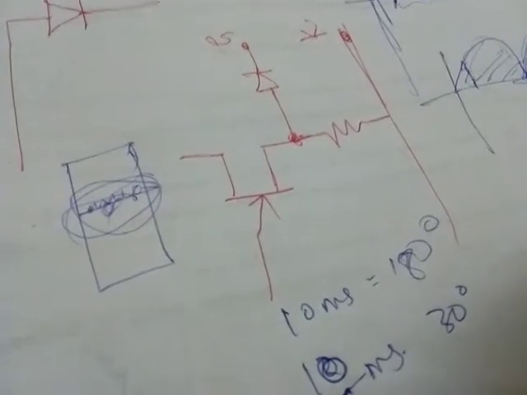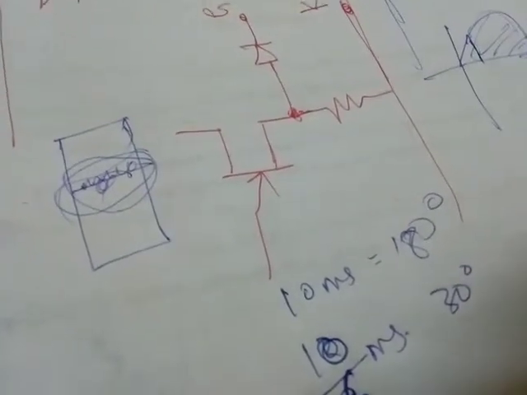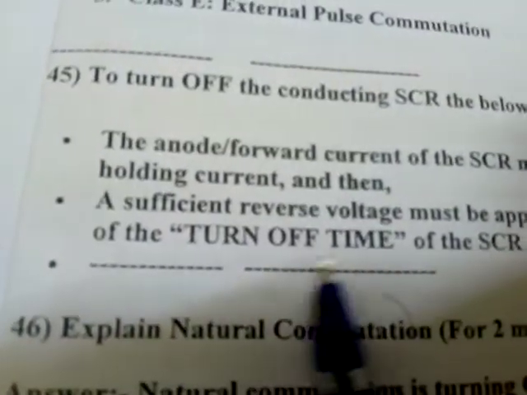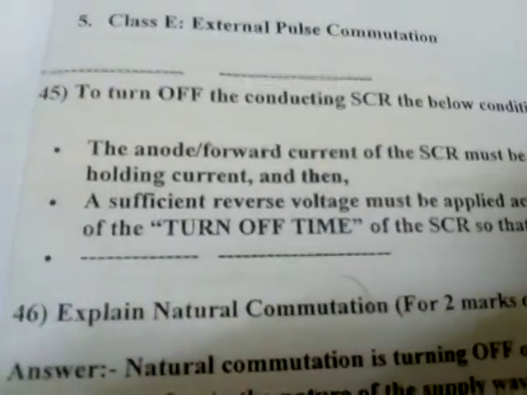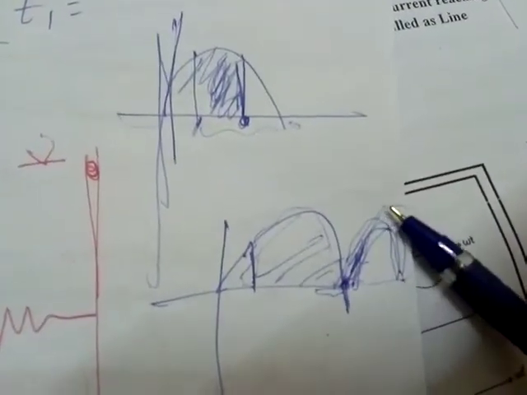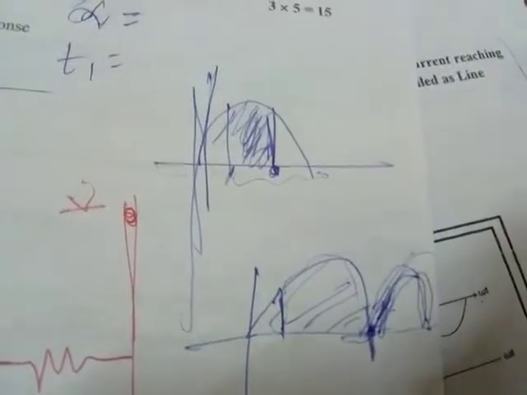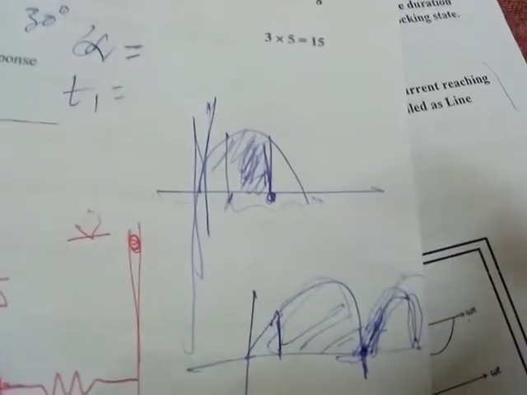So this recombination process will take some time, which is called the turn off time of the SCR, which is in the order of some microseconds. If before that time any forward voltage is applied, the SCR will turn on without gate current, because there are already free carriers.